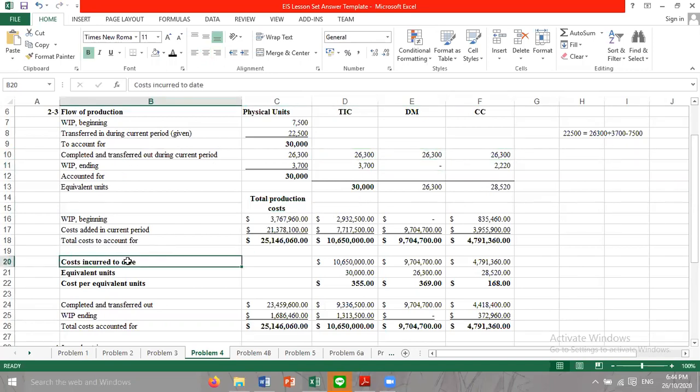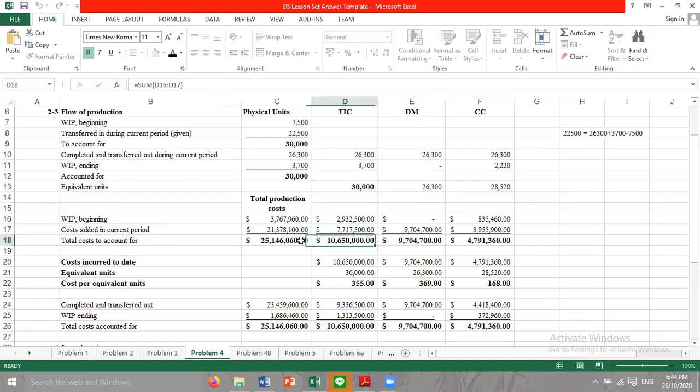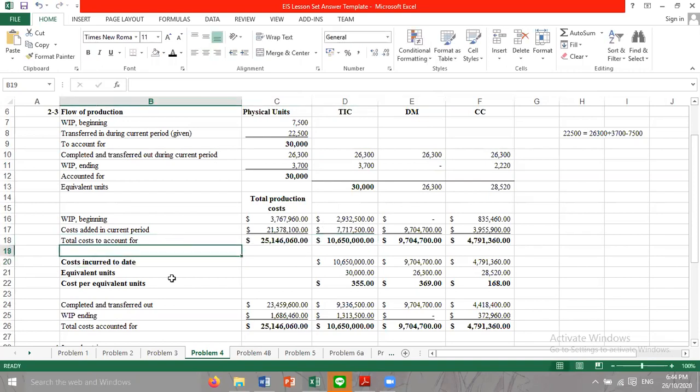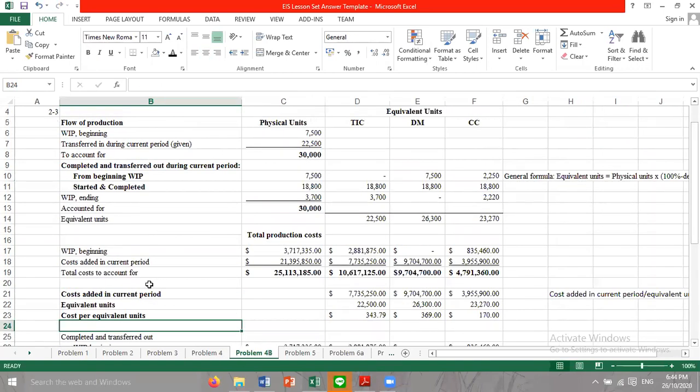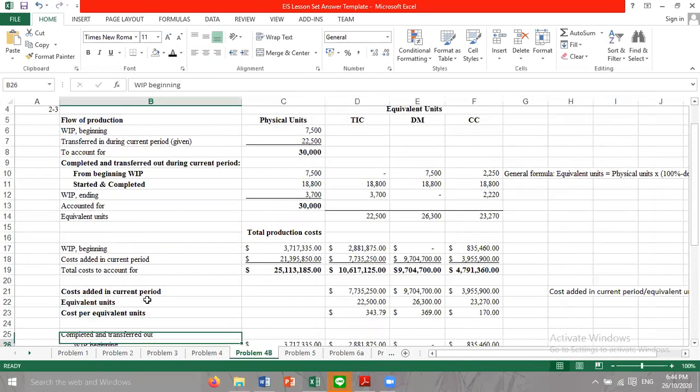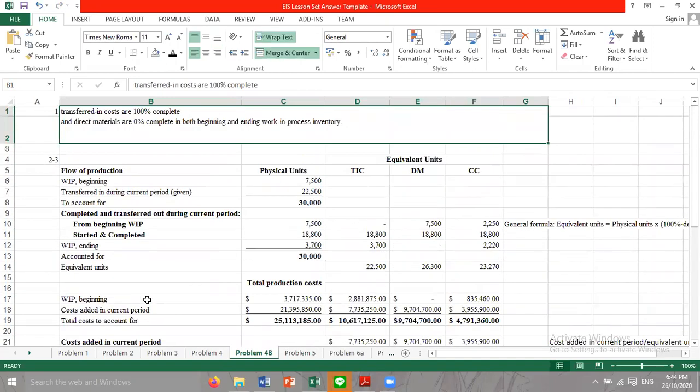The difference here is that we use the total cost to account for to calculate the cost per equivalent unit, not the cost added in the current period. So that's process costing for FIFO and weighted average.